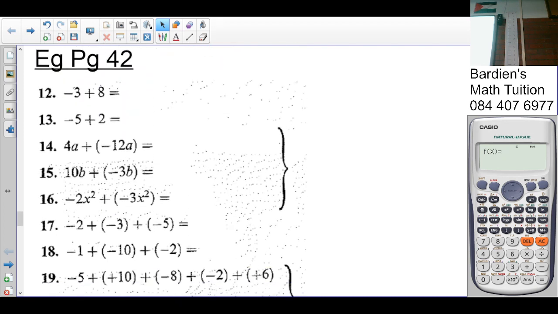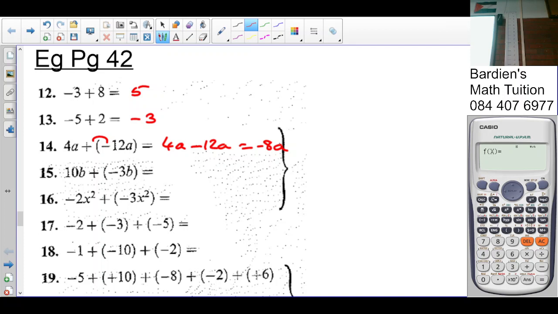So the first answer is? 5. Negative 3 plus 8 is 5. Negative 5 plus 2 is negative 3. The next one? Negative 8. So it's going to be 4a minus 12a, which is negative 8a, which is correct. Negative times positive is a? Positive times negative is a?